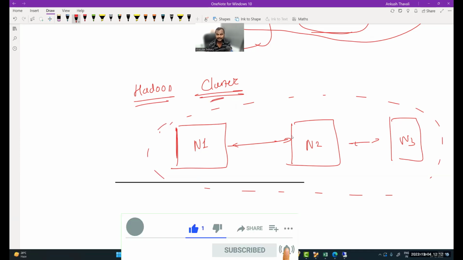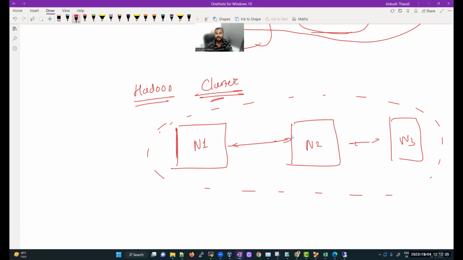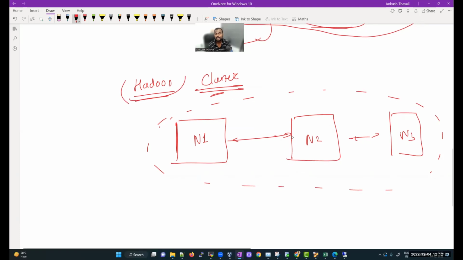Why is it a cluster? Because there are 3 machines, but they are behaving like a single machine. But why a Hadoop cluster? Because we are going to install Hadoop software on machine 1, machine 2, and machine 3. That is the reason we call it a Hadoop cluster.